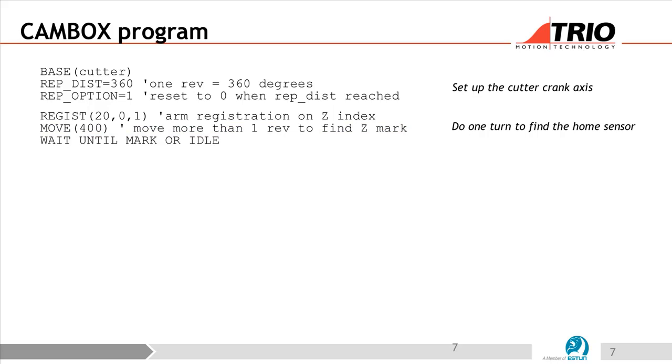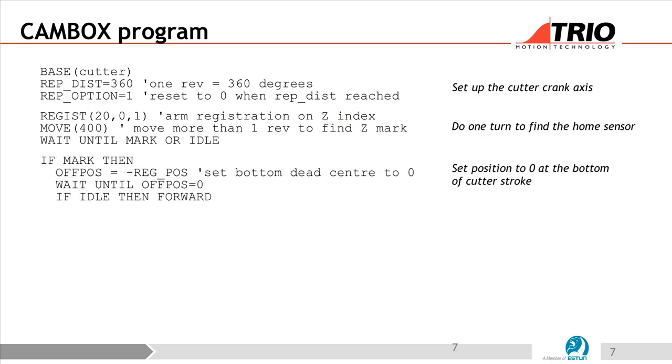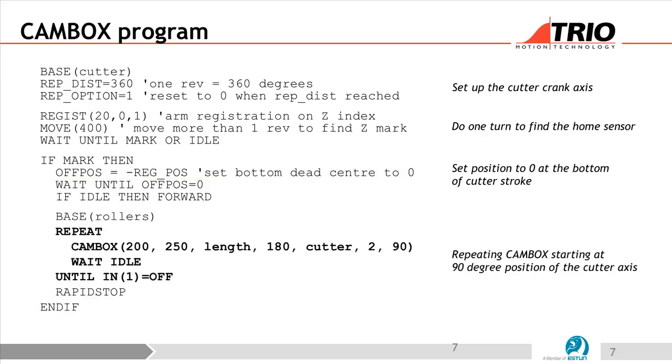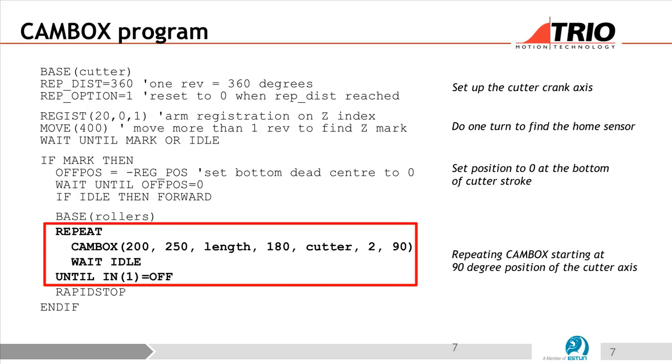So it finds the Z index on the encoder, and then if it does find it, does an offpos to set the 0 position of the axis, and then starts a forward to start that cutter going up and down, and then the bit that does the actual movement is just those 4 lines in that repeat loop.